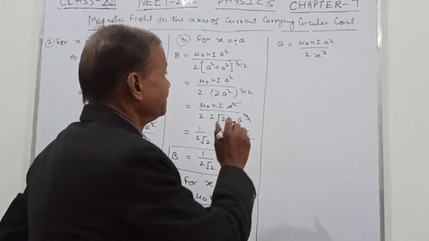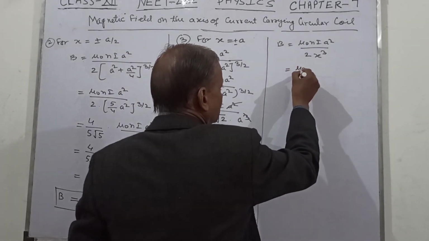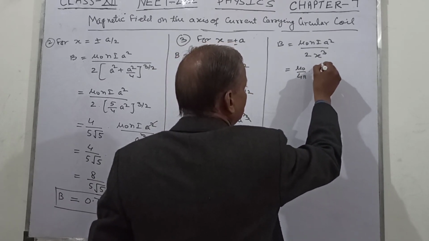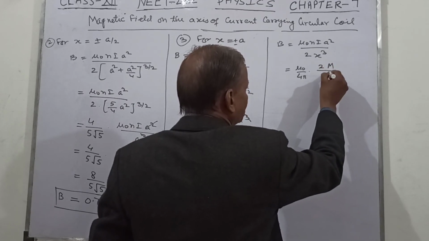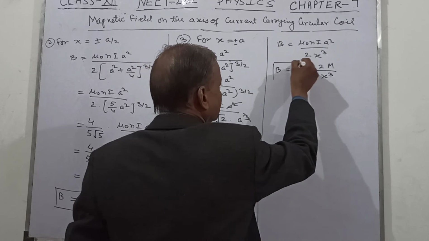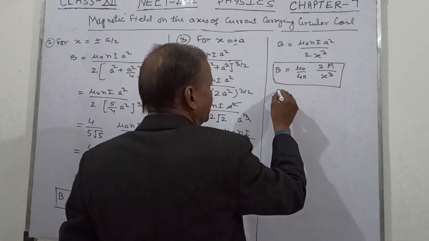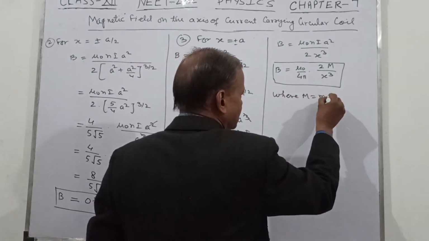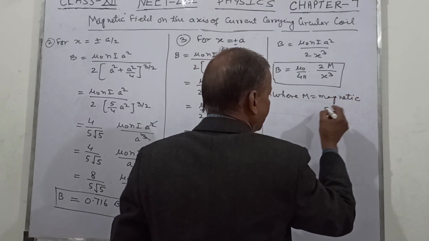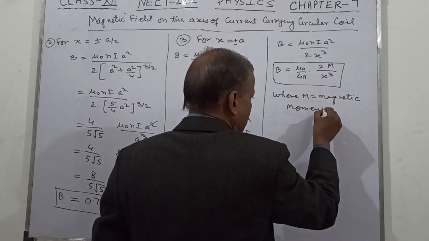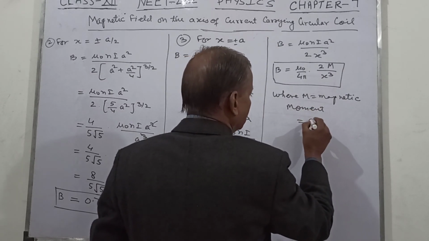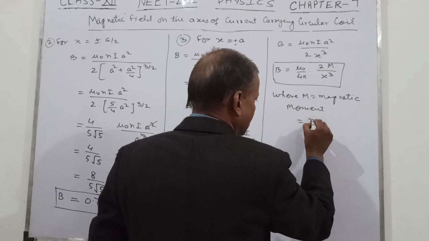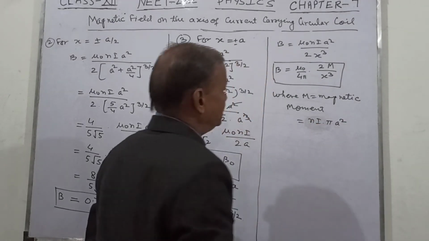So we can express this as mu naught upon 4 pi into 2M upon x cube, equal to B, where M equal to the magnetic moment, which is n I into pi a square, as I told you.